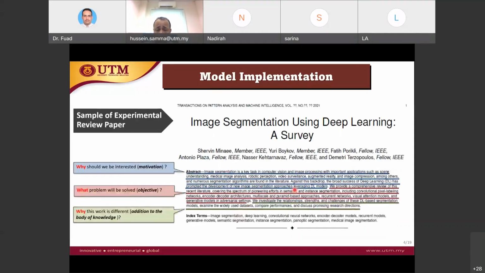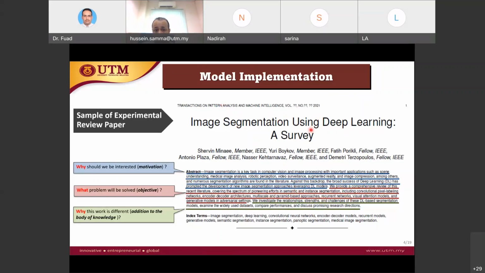We move to the experimental part. Basically here, I'm expecting that we'll move to the step of implementing existing models to conduct a comparative study to find the weaknesses and advantages of each model. Here we have an example of an experimental paper, which was just recently published this year in the Pattern Analysis and Machine Intelligence journal.